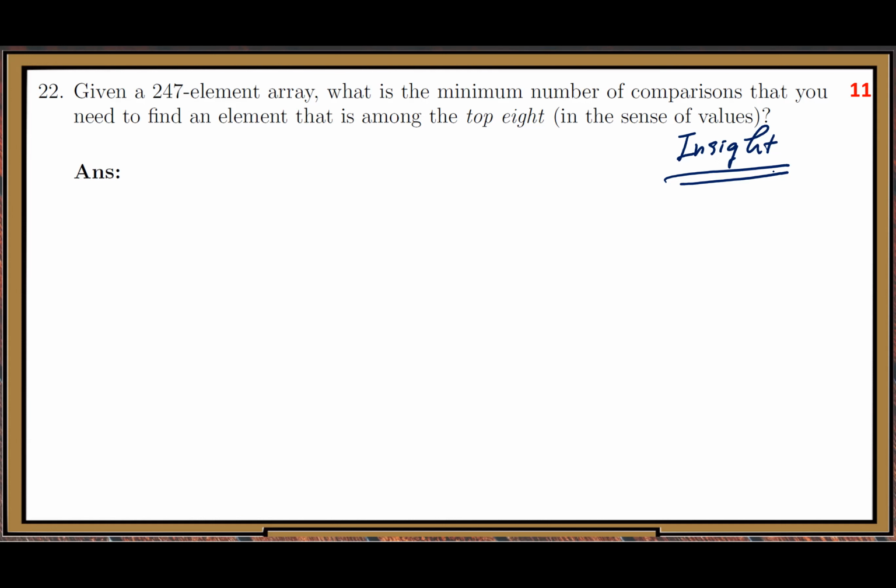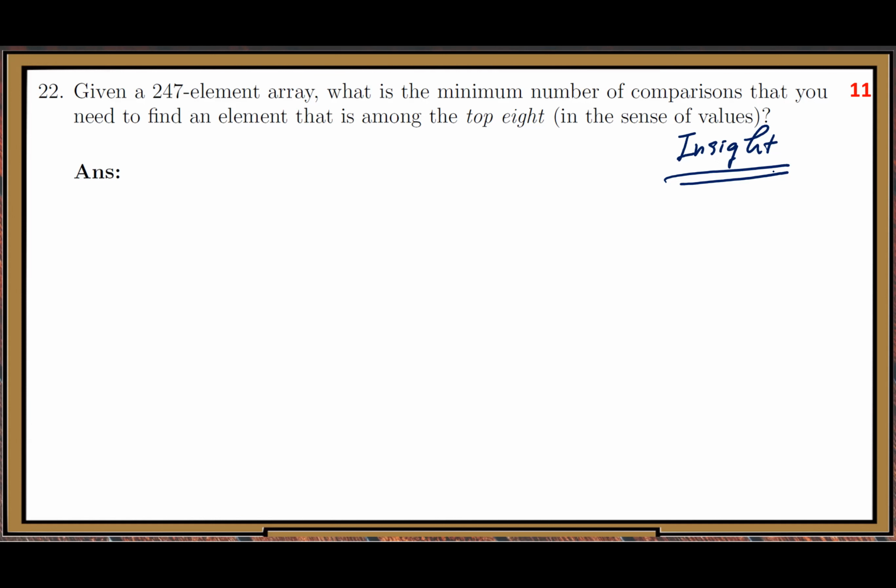If I give you too much information, you can get the answer easily. That's not very good. I would like you to solve the problem, not have me give you the answer.